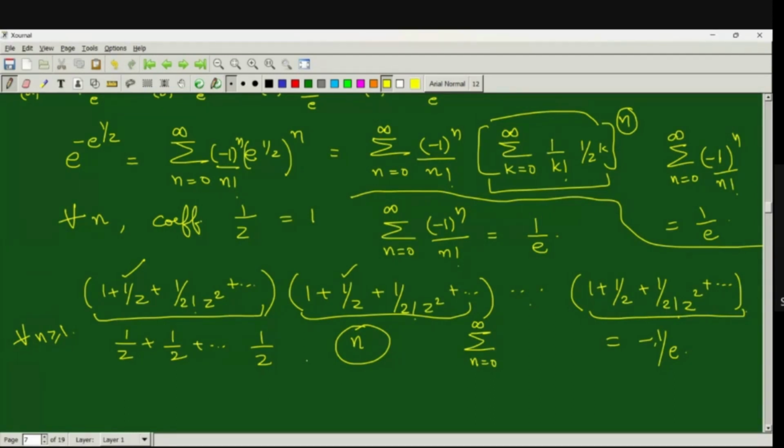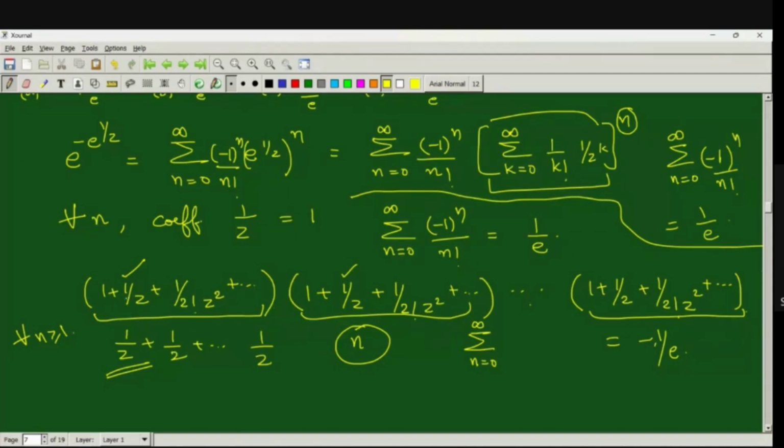Yes. Okay, perfect. Now, how can you find the coefficient of 1 by z? The coefficient of 1 by z comes from, if I am taking 1 by z here and multiplying 1, 1, etc., that is going to be the first 1 by z.